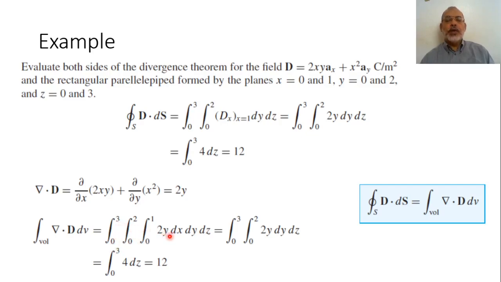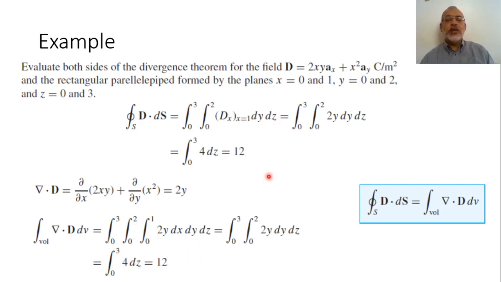For x, it is constant, so it would be 1. For y, it would be y squared with limits from 0 to 2, so it would be 4. For z, it would be z with limits from 0 to 3. 4 multiplied by 3 would be 12.